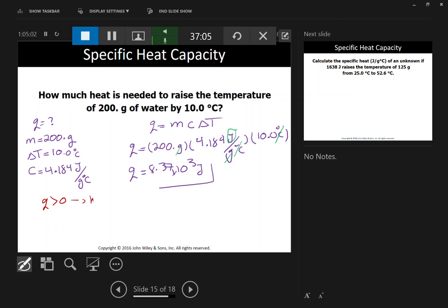it means that heat was absorbed during the chemical reaction. If Q is negative, it means that heat is released during the chemical reaction.